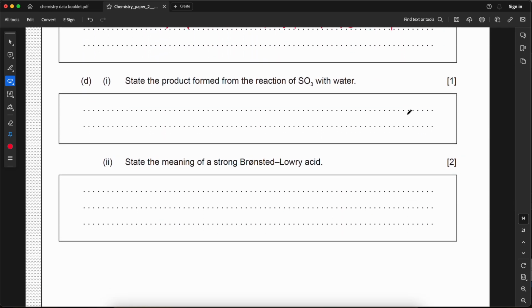State the product formed from the reaction of SO3 with water. Because there is sulfur, it would produce sulfuric acid. State the meaning of a strong Brønsted-Lowry acid. A Brønsted-Lowry acid is a proton donor that fully dissociates because it's strong. If it's weak, it partially dissociates.